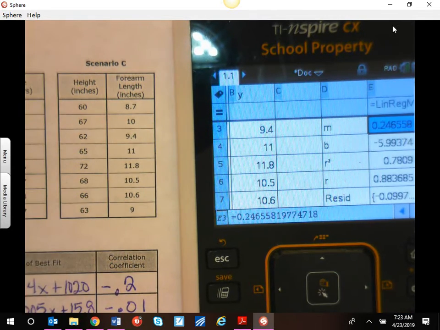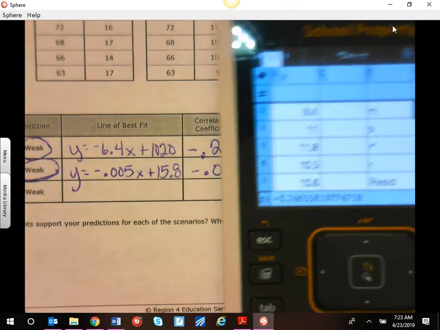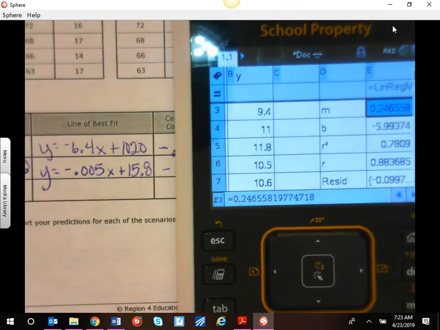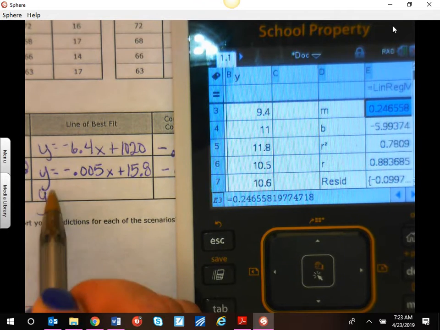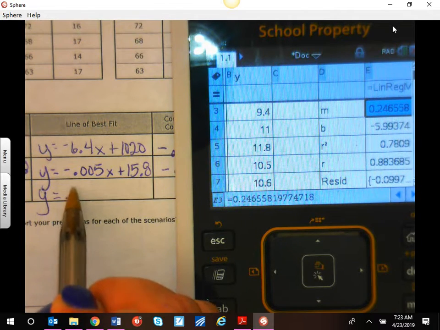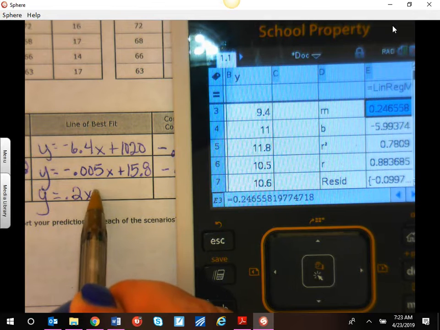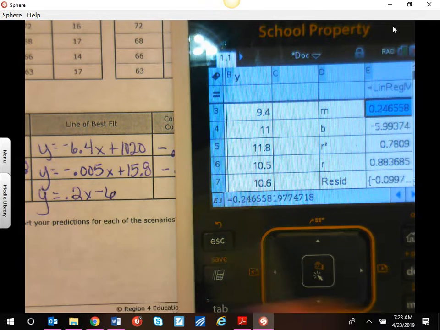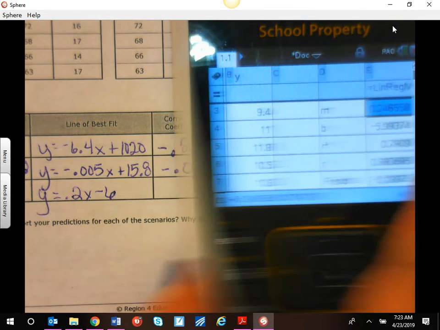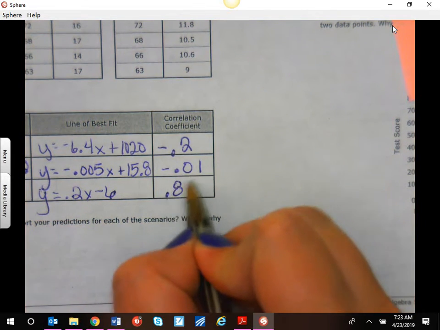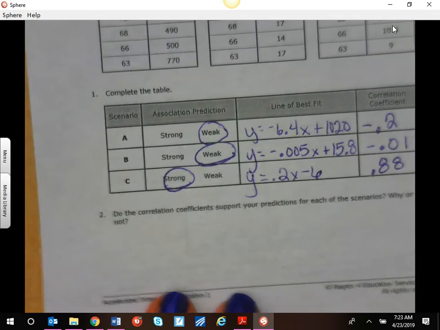All right, so now my equation is y equals, we'll call that 0.2x minus 6, and my r is 0.88. So that indicates that this is a stronger relationship.